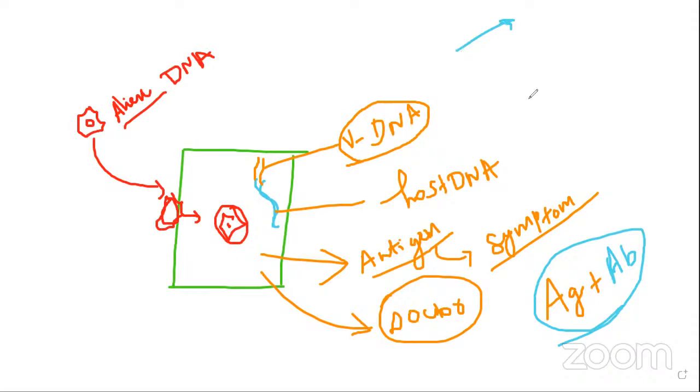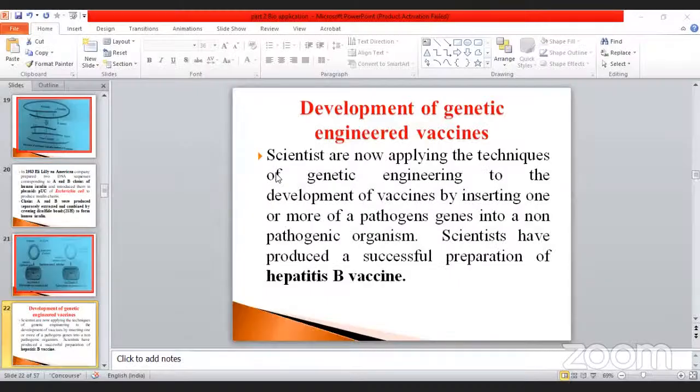See here, this is the important point. Scientists are now using genetic engineering techniques to develop vaccines by inserting one or more pathogen genes into a non-pathogenic organism. Scientists have produced a successful preparation of the hepatitis B vaccine.